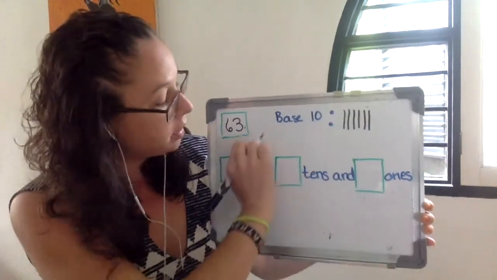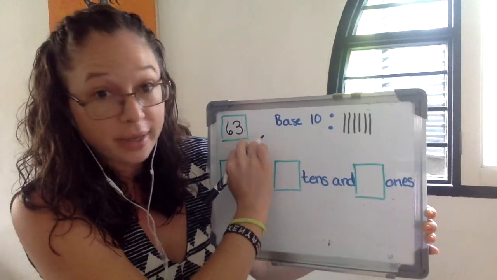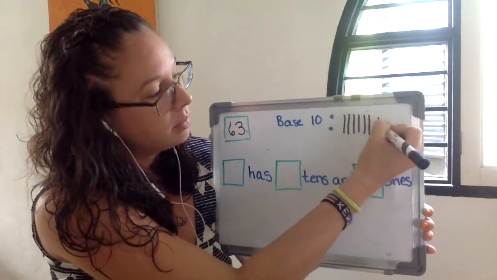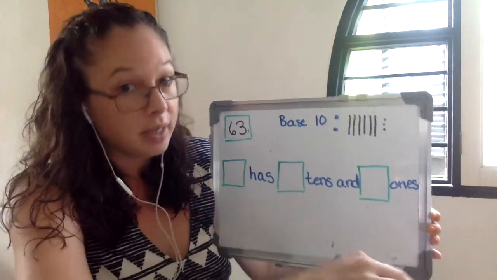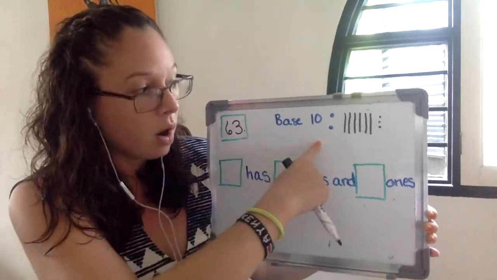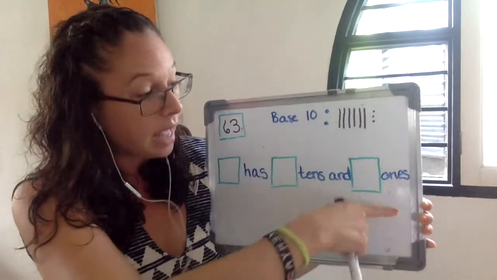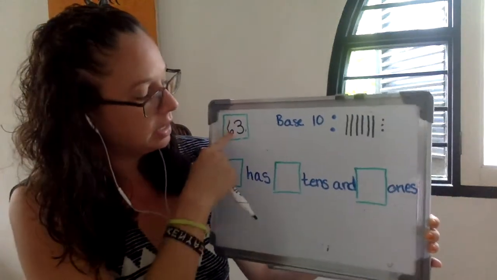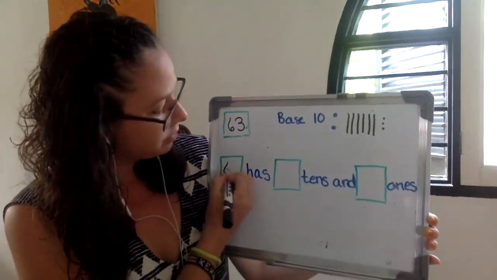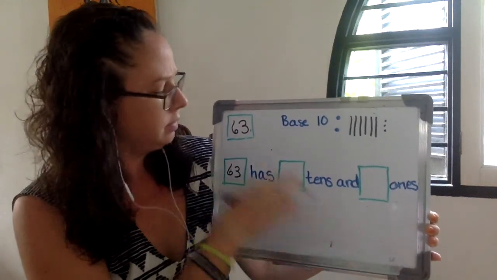Then we'll look in the ones column. We have 3 ones, so I'll draw 3 dots. 1, 2, 3. Now again, we can use our numeral number or our base 10 representation to help us fill in this number sentence. 63 has tens.